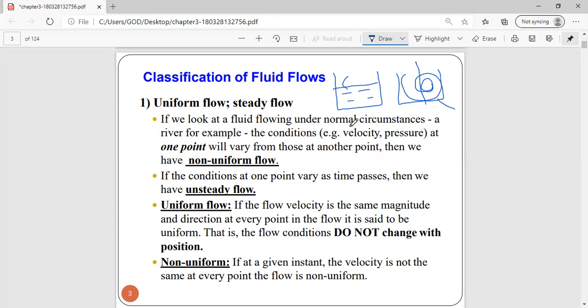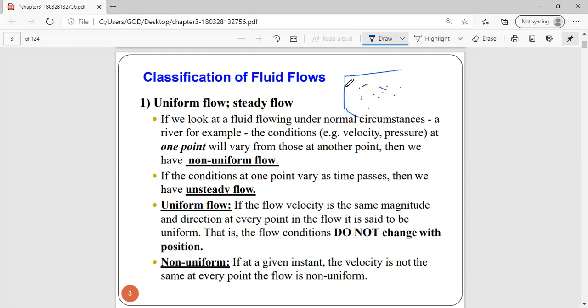There is no relation. Similarly, suppose you are constructing a dam without considering the effect of fluid flow. Then how will it be? I'll tell you. I have taken a dam, and your dam is like this. Some water is inside the dam.